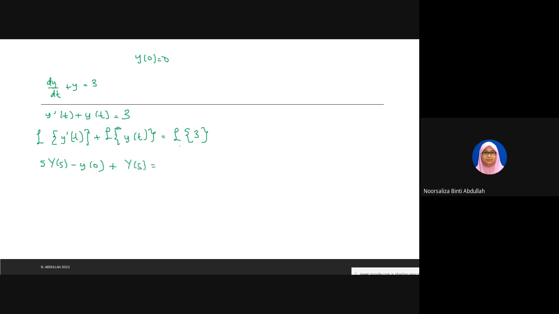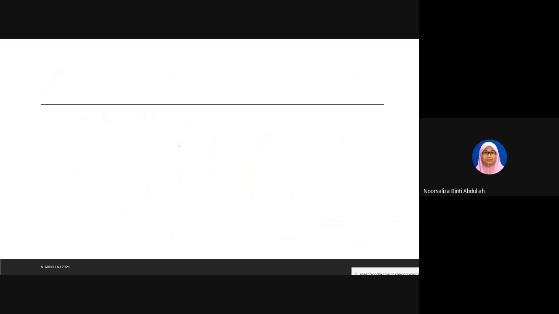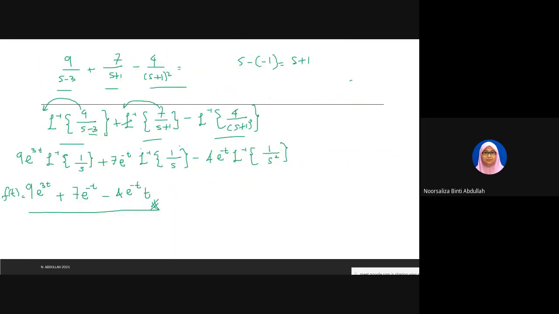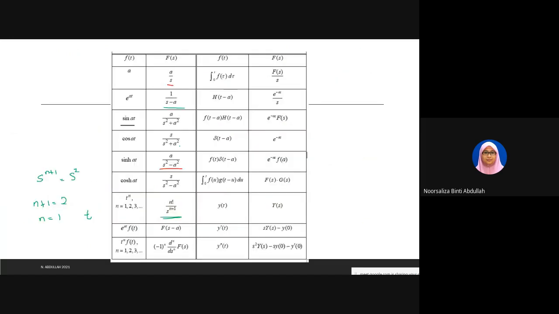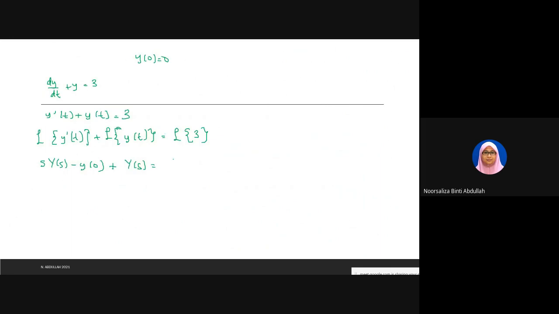And Laplace for 3, you refer to the Laplace table. Laplace for 3 is 3 over s. So 3 over s.